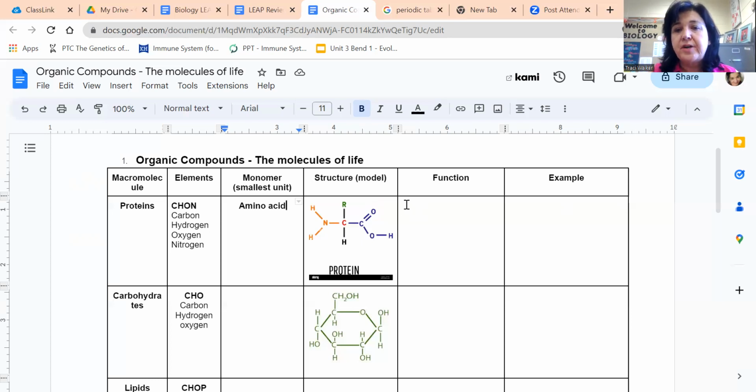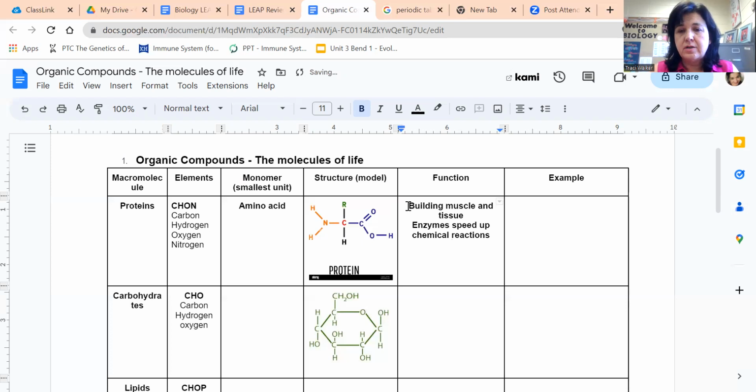Okay, so what is the function of a protein? Well, proteins are for building muscle and tissues in the body. They are also enzymes that speed up chemical reactions in the body.